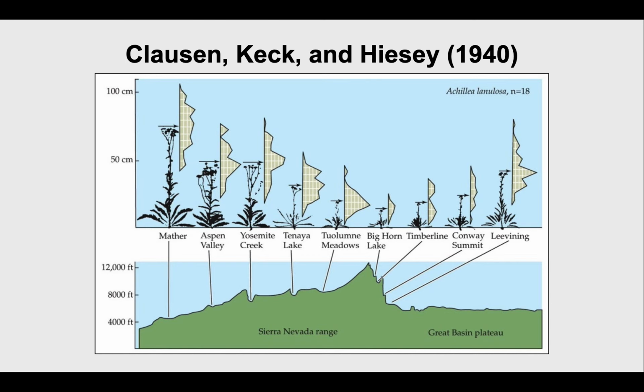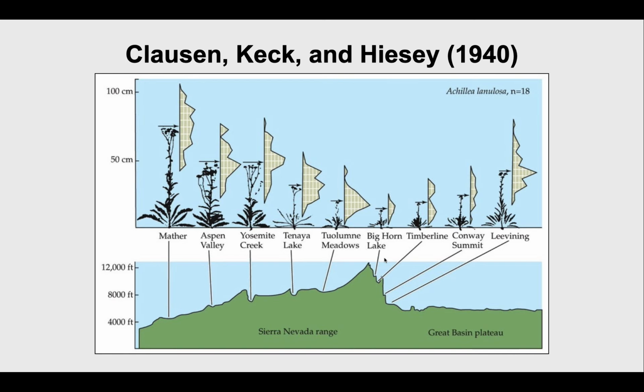A really good study that happened back in 1940 looked at developmental plasticity in these Achillea plants growing in the Sierra Nevada range. We saw this range has a bunch of different elevations to it, anywhere from down more in a valley area up to the top of the peaks of this mountain range.